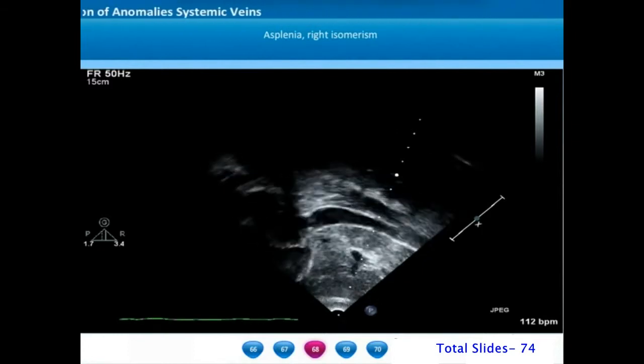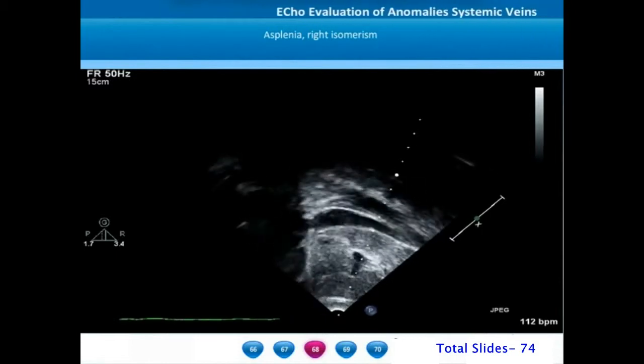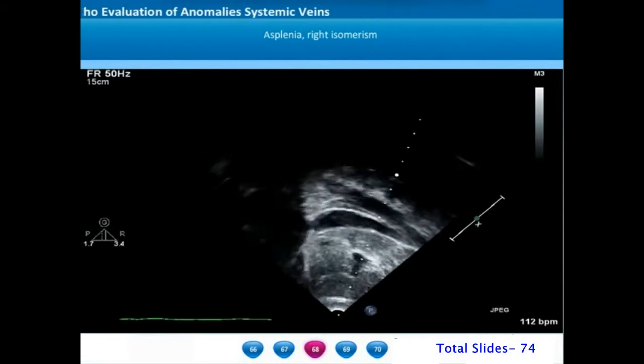There will not be a lateralization of the position of the inferior vena cava and abdominal aorta in patients with asplenia and right isomerism. In this subxiphoid sagittal view, we can appreciate the inferior vena cava directly anterior to the abdominal aorta. This feature is very common in right isomerism.